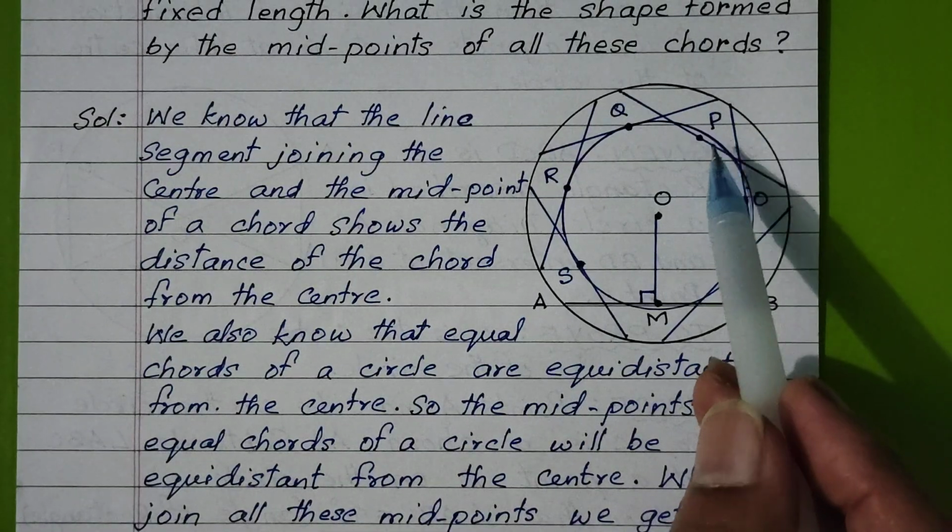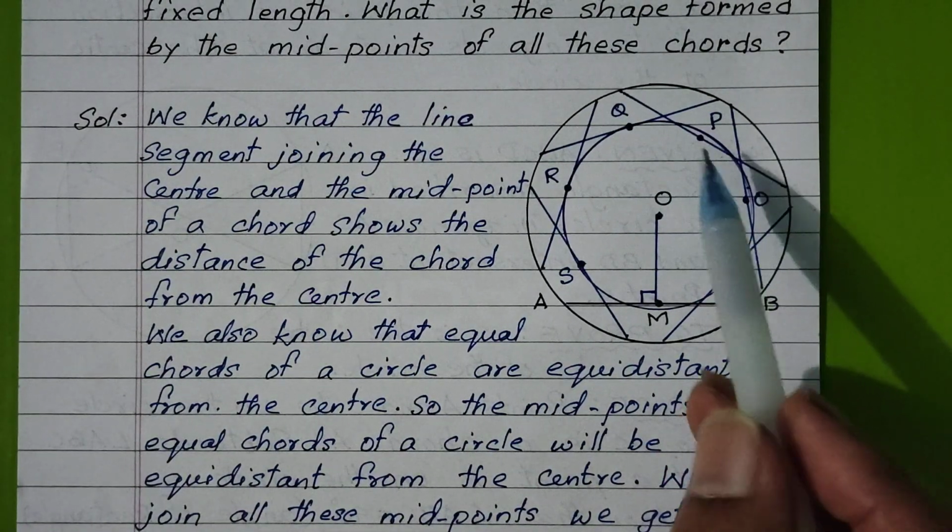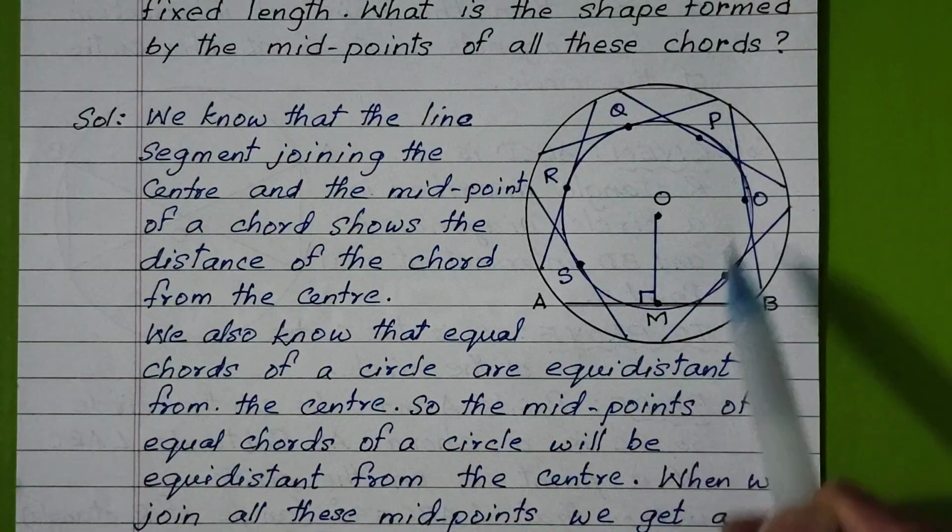Means both the circles have got the same center, but they have got different radii. They are called concentric circles.